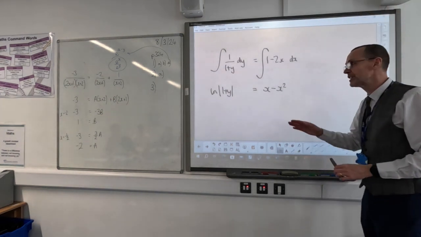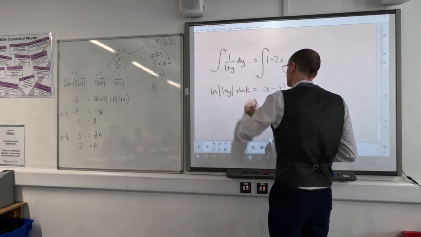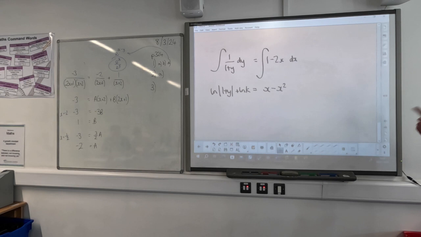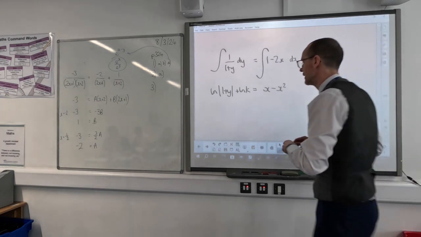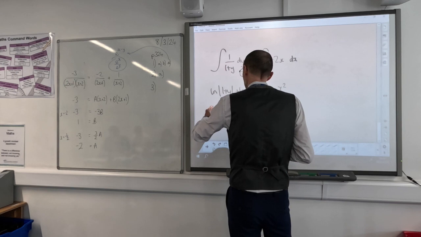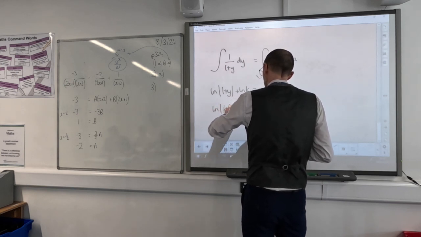Right, so what I'm going to do this time is put the constant over here and write it as an ln. That constant can go anywhere we want, all right? And this is why these are a nightmare to mark, because the thing we just wrote is perfectly okay. But if we write it like that, then we've got ln of k times 1 plus y.